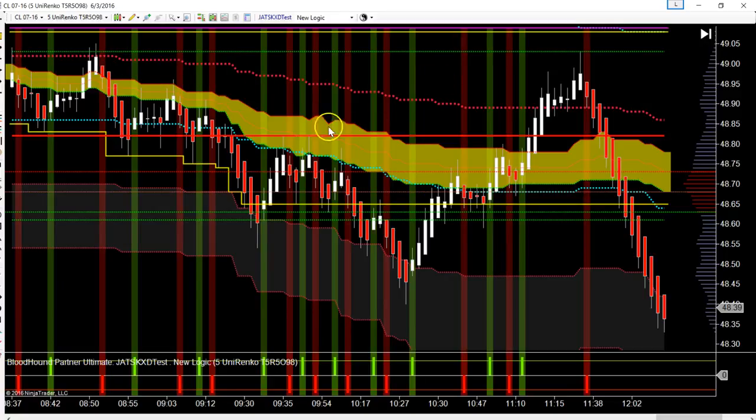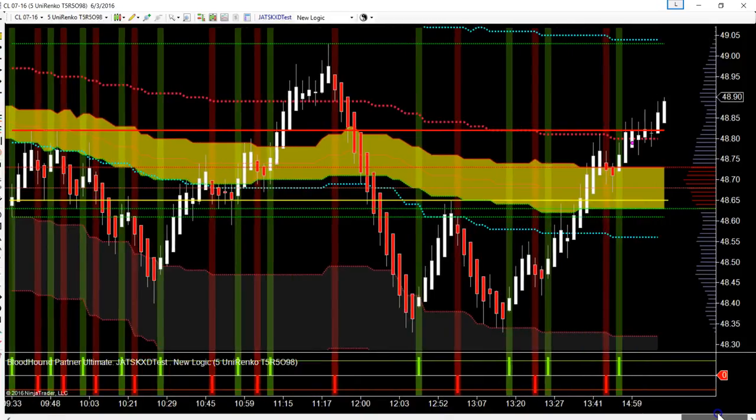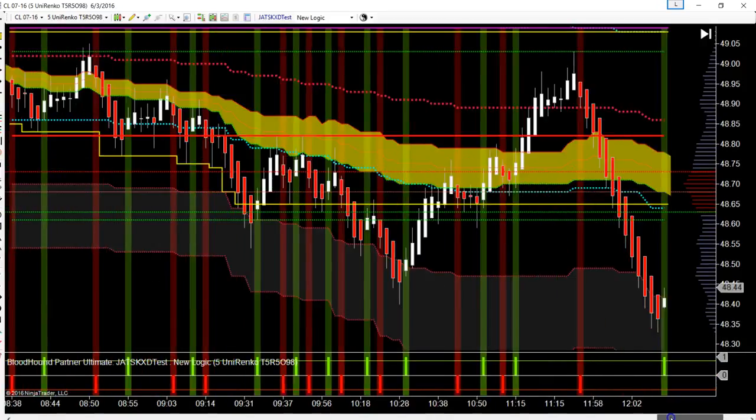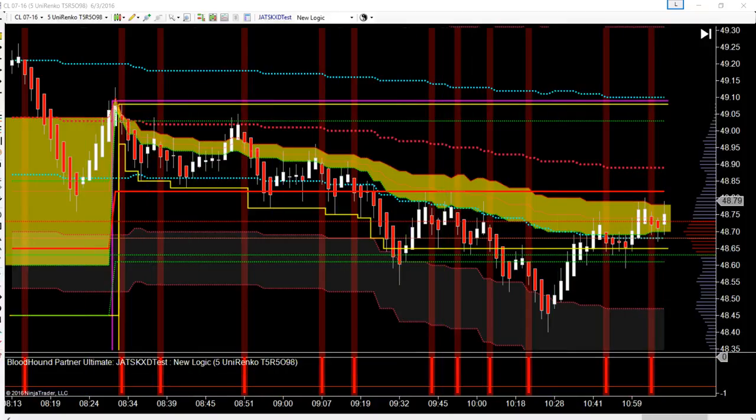So filter the trade. You're below the VWAP. You're below the river of gold. You're below the value area, short. So just filter it with a directional bias.